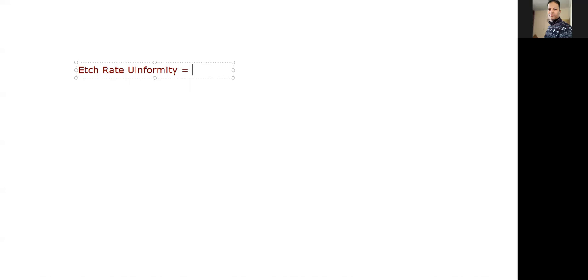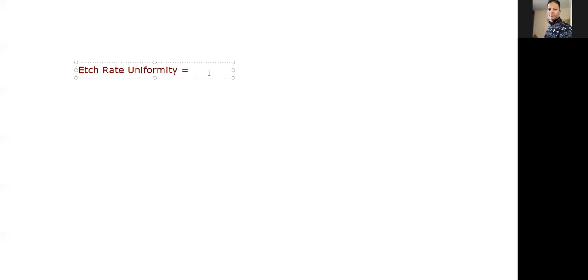And if there are any errors in the structure which may arise due to non-uniform etching, they can be very detrimental for the working of the integrated circuit.